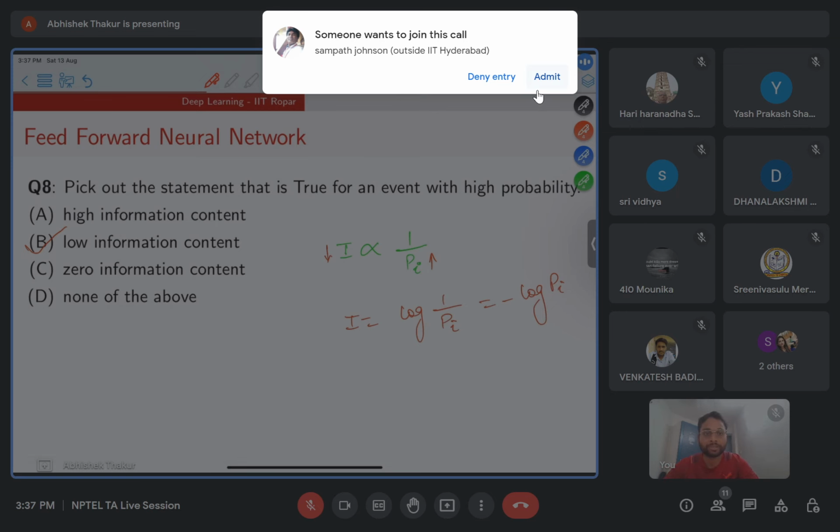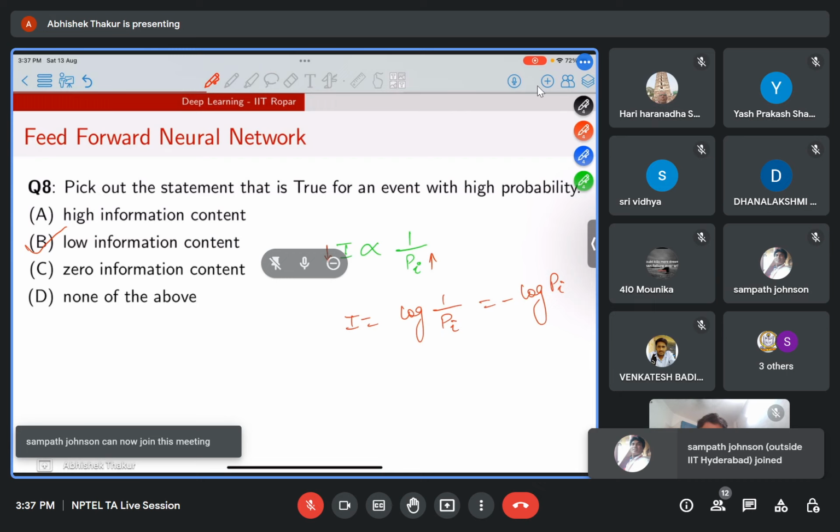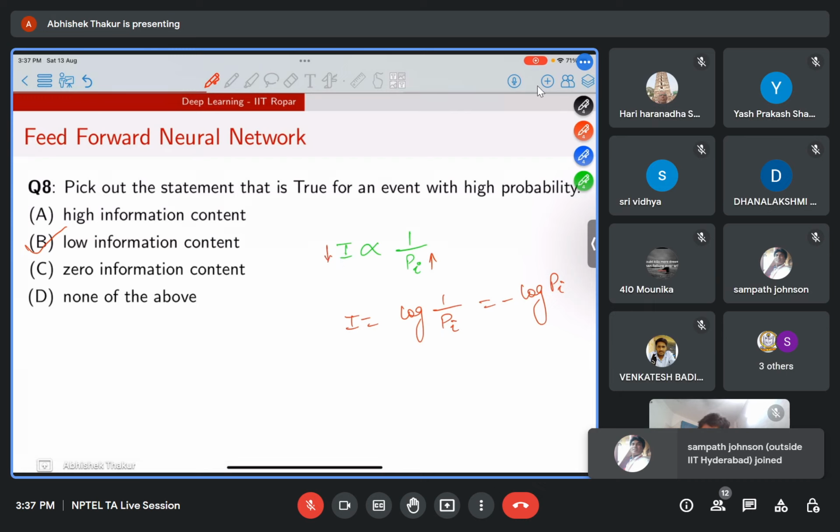So any doubt in this question? It is a simple relation between the information content and the probability. Okay, so we'll move on to the next question.